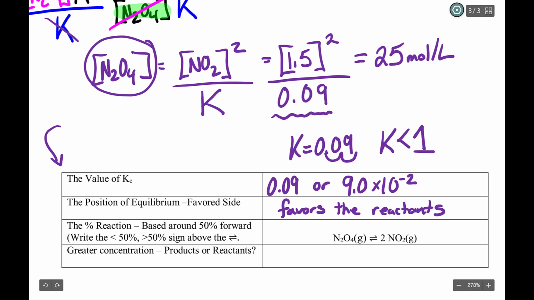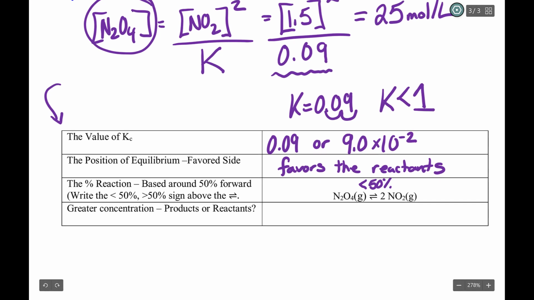Now, if I was to write a greater than or less than 50% sign, it has to be pointing towards the reactants, which is essentially saying this is less than 50% forward. And then, of course, we have a greater amount of reactants. So this is simple calculations of K and also interpreting those K values and what they represent.